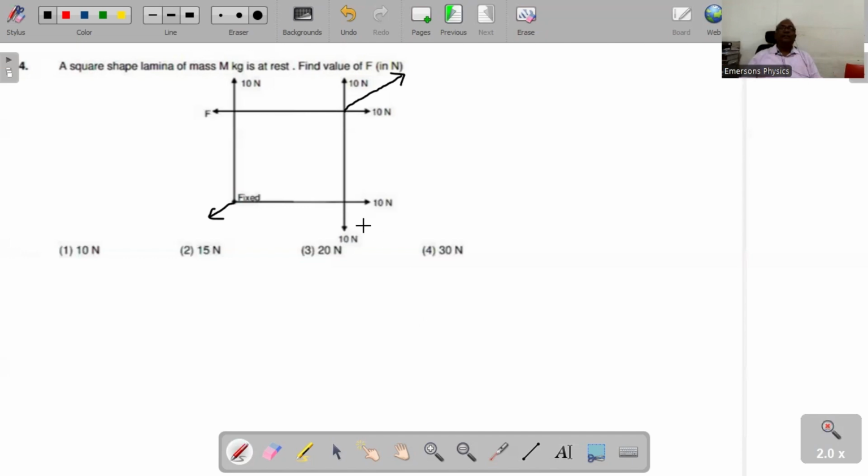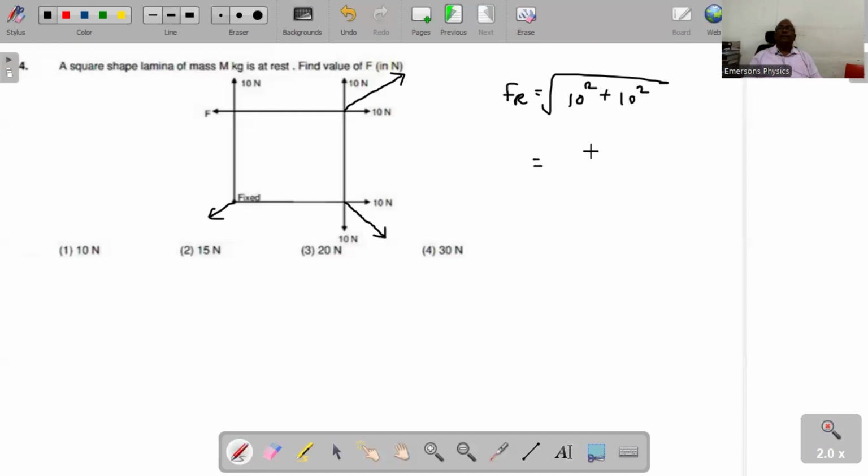Similarly, here these are the two forces. What is the resultant of these two forces? Fr equal to root of R1 squared plus R2 squared, 10 squared plus 10 squared.